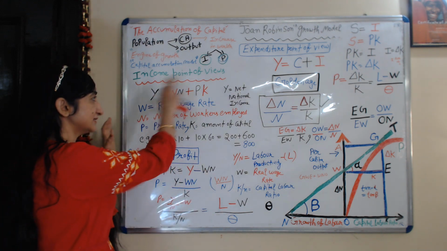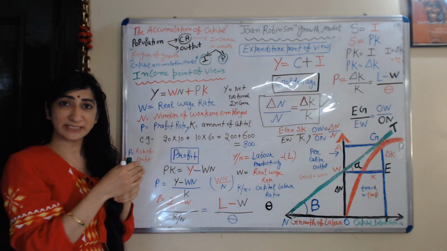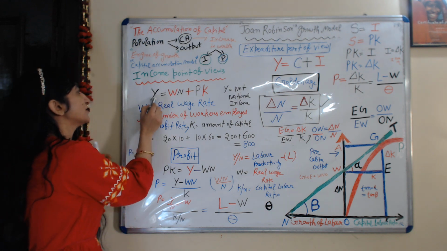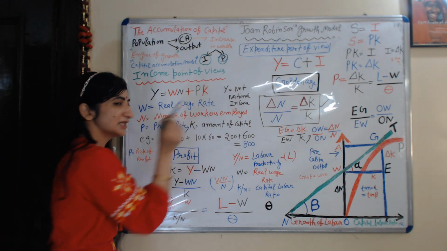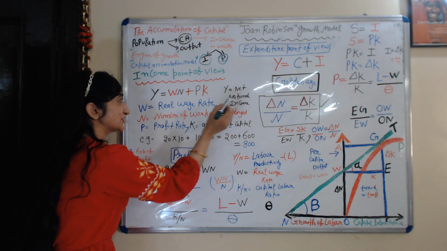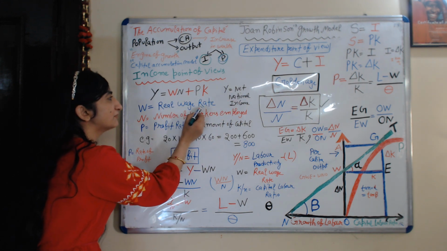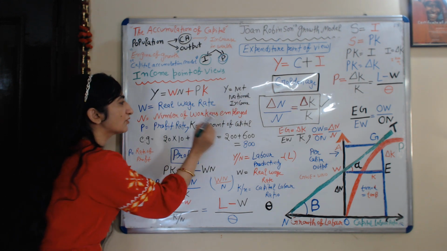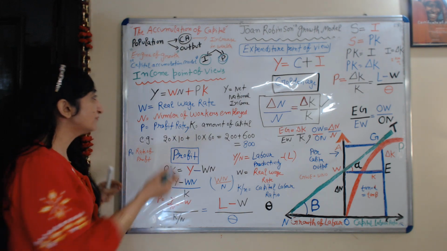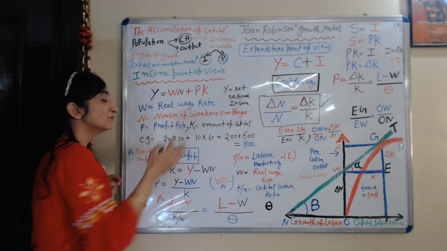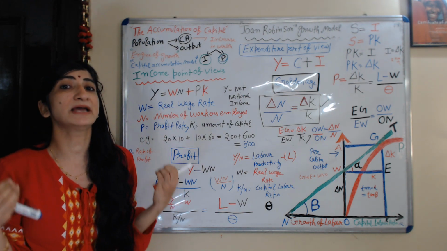Now we understand this concept with the help of this equation. In this equation, Y is net national income, W is the real wage rate, and N is the number of workers employed. When we multiply W with N, we get the wage received by labor.